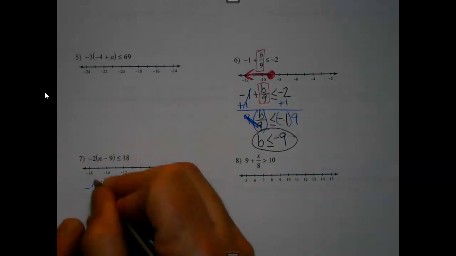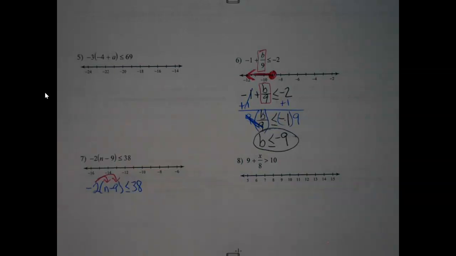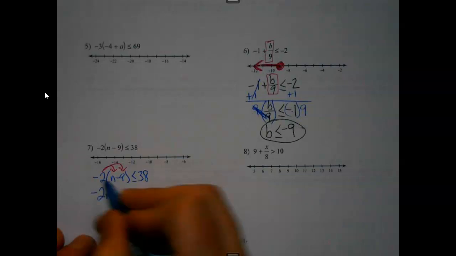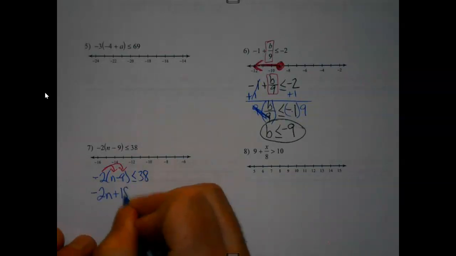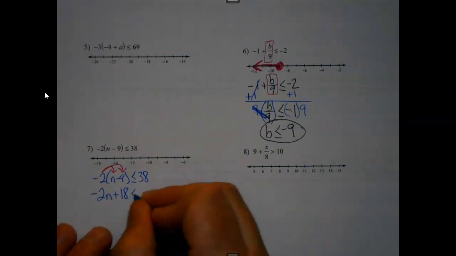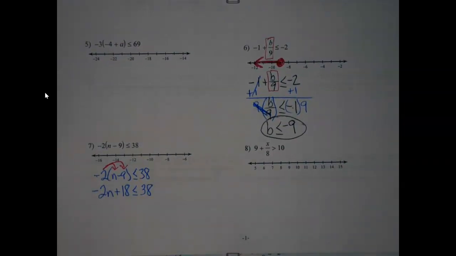So I'm going to distribute my negative 2. I'm going to multiply my negative 2 to the n, and negative times negative is positive. I don't want to put minus a negative there. That's just going to confuse me. So parentheses going away is my first priority.